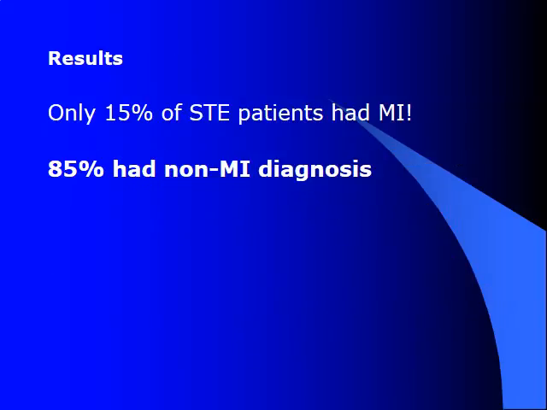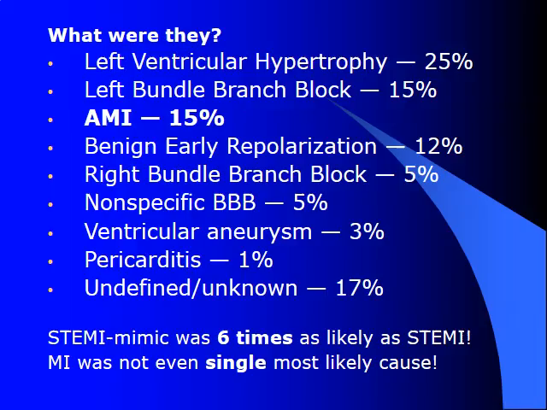The result was that only 15% of ST elevation patients had a myocardial infarction. 85% had a non-MI diagnosis. So what were they? There's a lot of different things causing these ST elevation mimics, but only 15% of them were MIs.